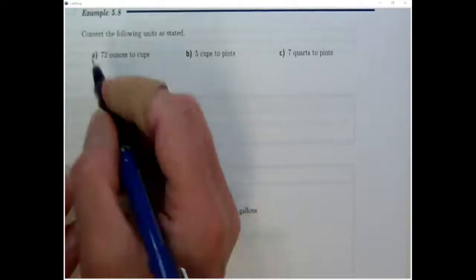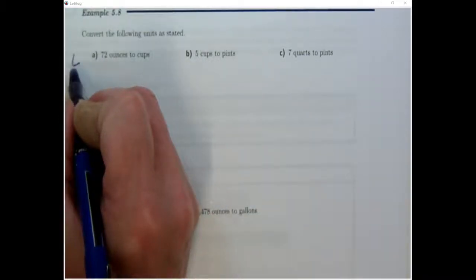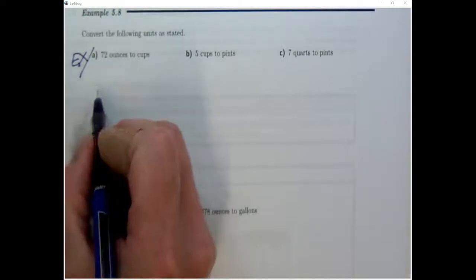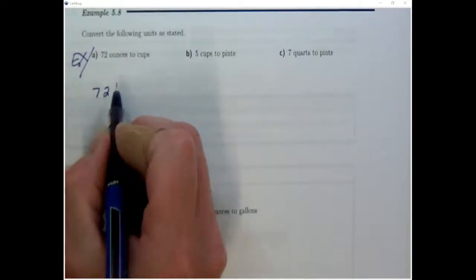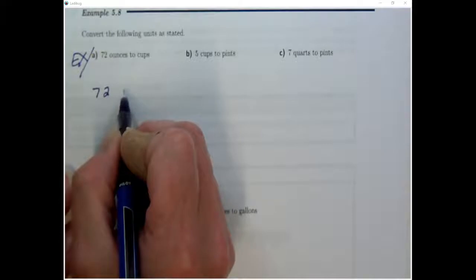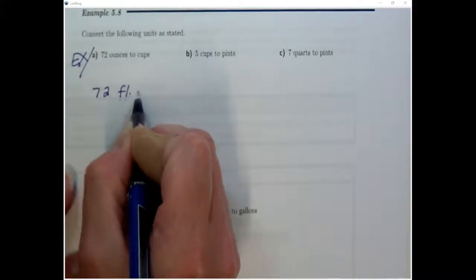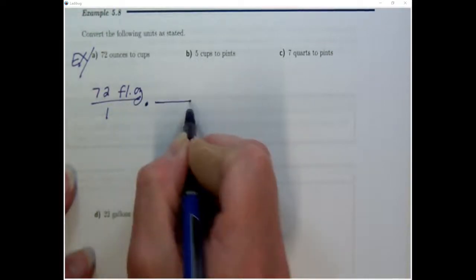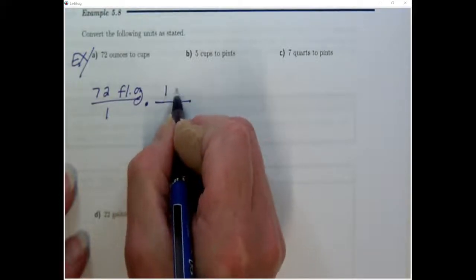That one I'll do as an example. 72 fluid ounces, number one. And by our conversions that you could see on the previous page, I might want to reference back, is 1 cup to 8 fluid ounces. You can reduce on the diagonal. And that leaves us with 9 cups.